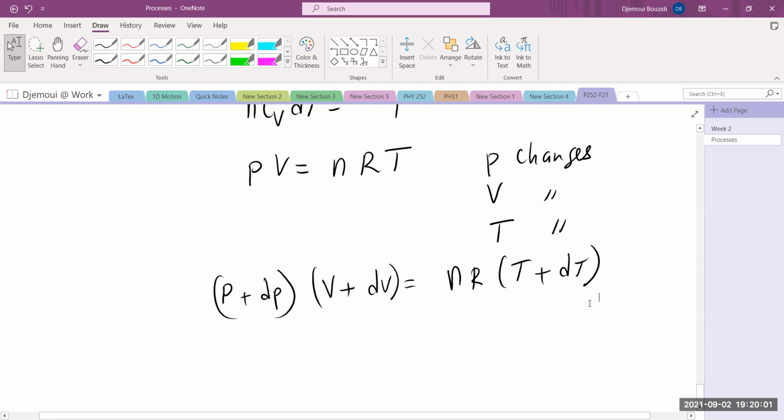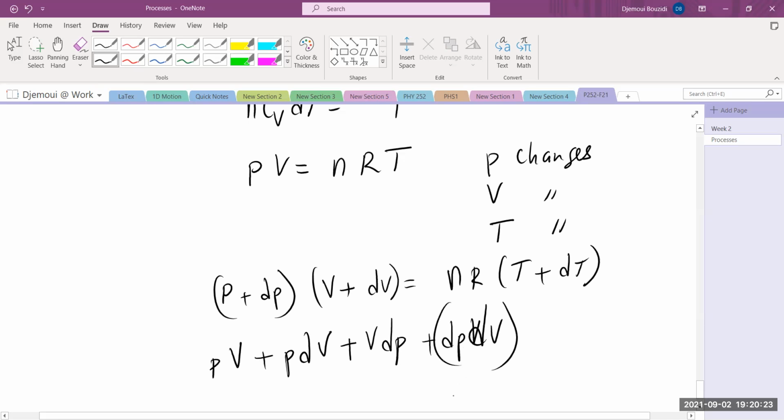If I expand this form in here, I will have P times V plus P times dV. Plus dP times V, I'm going to write it V dP. Plus dP times dV. I'm going to ignore that expression, because these are such small quantities that this is of higher order.